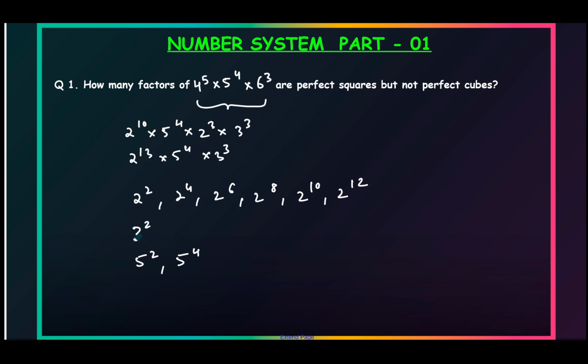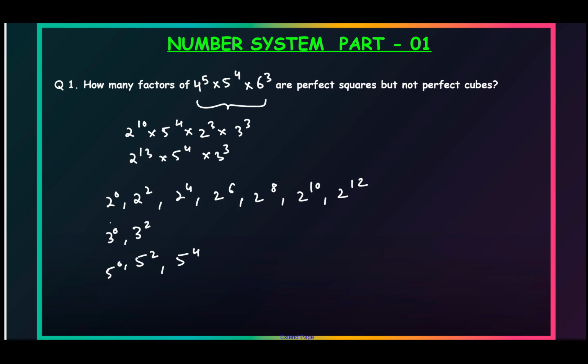We only have to take combinations with different base numbers. Now, in order to make the combinations, firstly write 2 to the power 0, 3 to the power 0, 5 to the power 0 here. Why we are doing this, I'll tell you later. But before that, let's see how we are making the combinations.